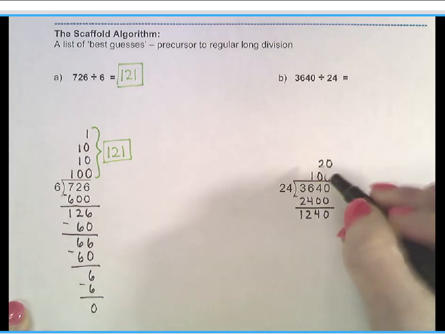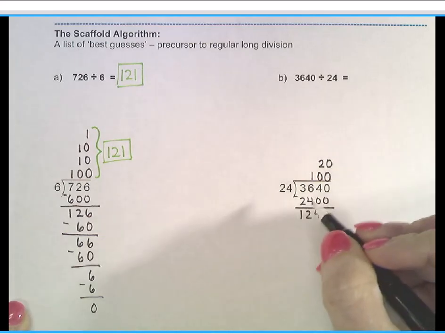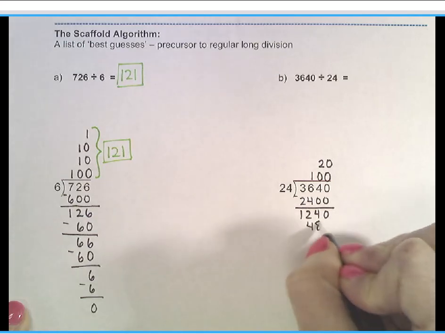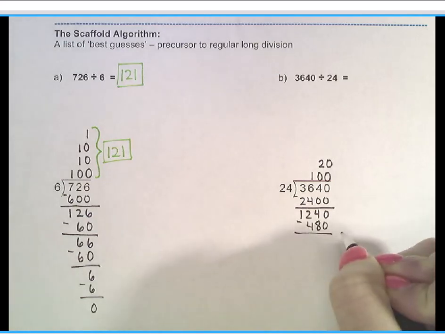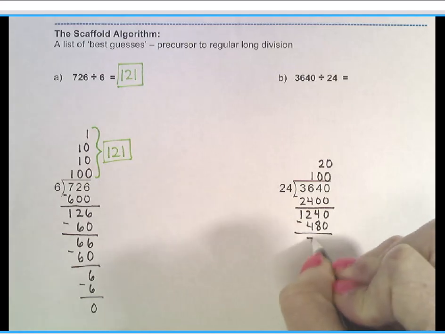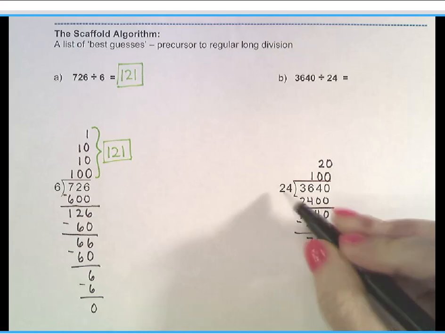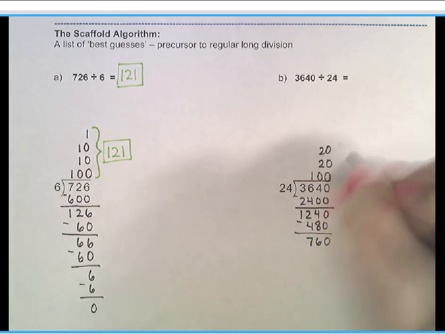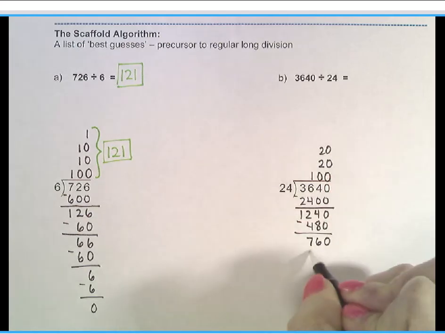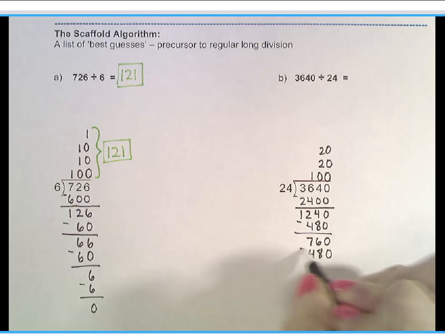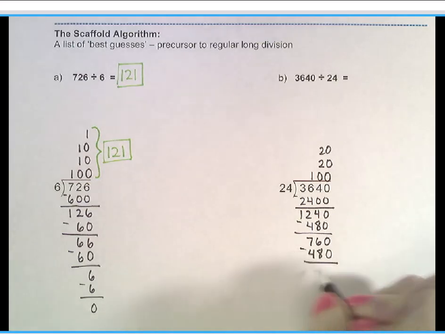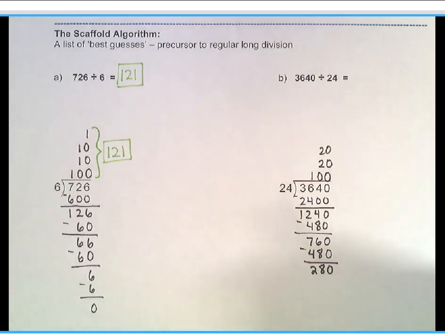I'll call it 20. And if we subtract, we should get 760. So I can put another 20 in there, right? 24 will go in there 20 times. That's another 480. And then subtract, you'll get 280.